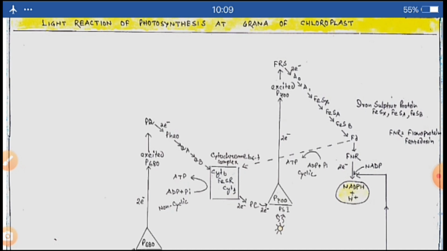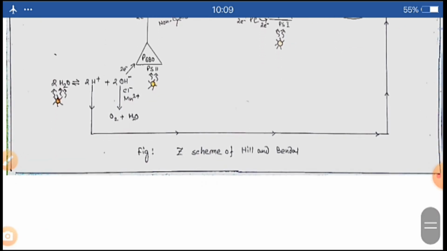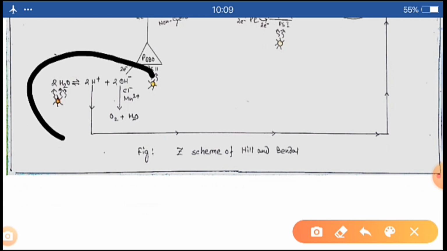First, I will discuss about the photolysis of water. Okay. Here you see, water molecule is broken down into H positive ion and OH negative ion in presence of sunlight.